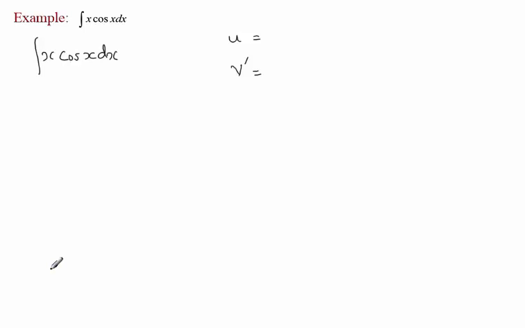First of all, let's make an observation. Very positive observation: powers of x can be differentiated only a finite number of times. For example, x power 4 can only be differentiated 4 times.